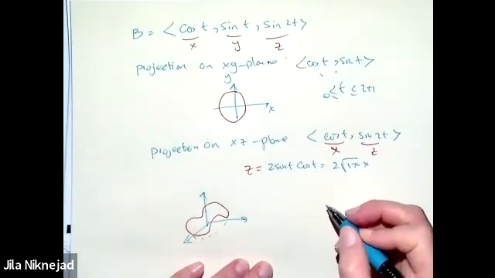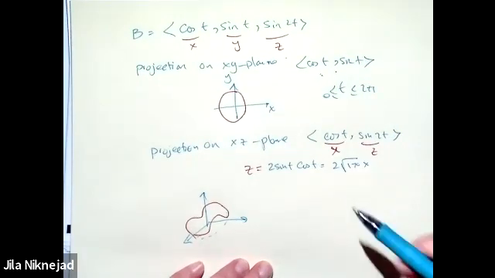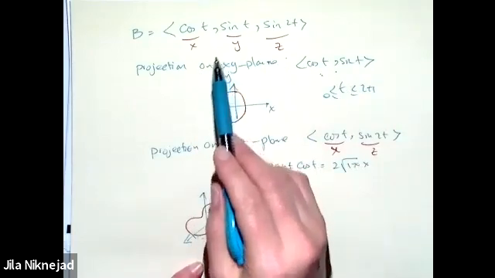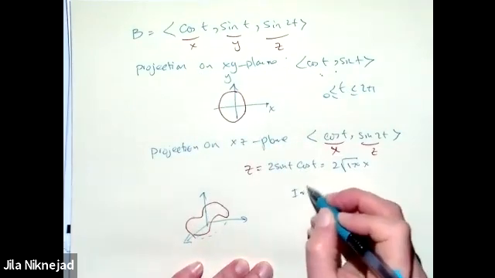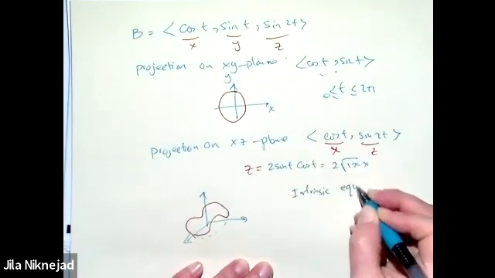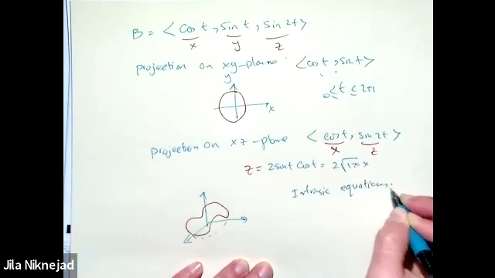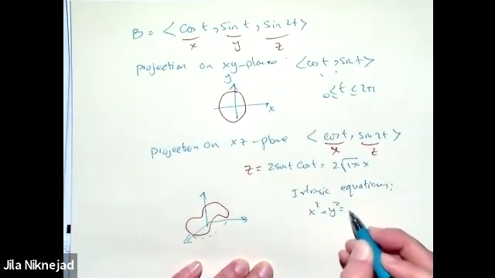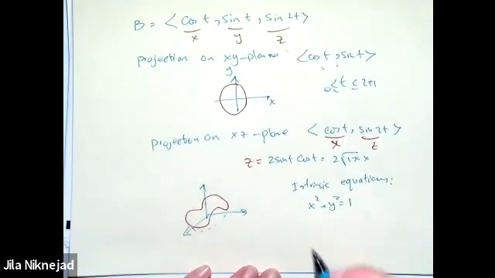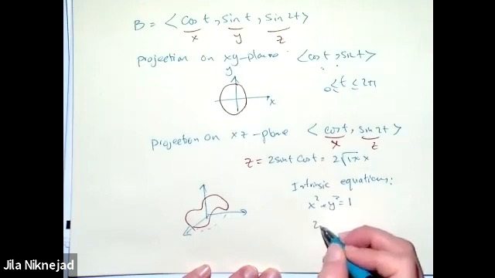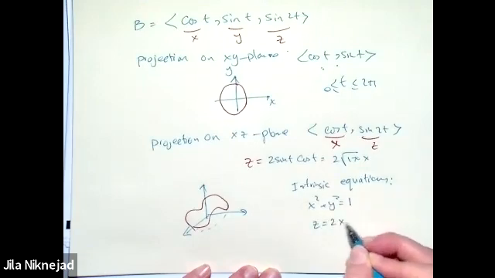One thing to notice is that I can find the intrinsic equations that gave me that. And that is x squared plus y squared equal to 1. And then what else is there? Then z equal to 2 times x times y.